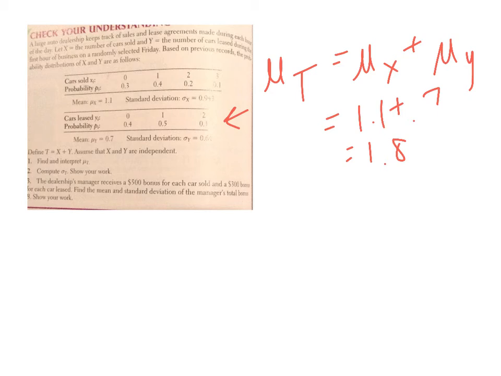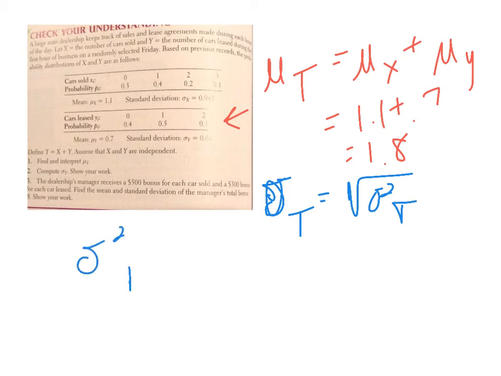Number 2 asks me to find the standard deviation of T. Remember, I have to find the variance of T first. The variance of T is going to equal the variance of X plus the variance of Y. I know the standard deviation of X, which is 0.943, squared.